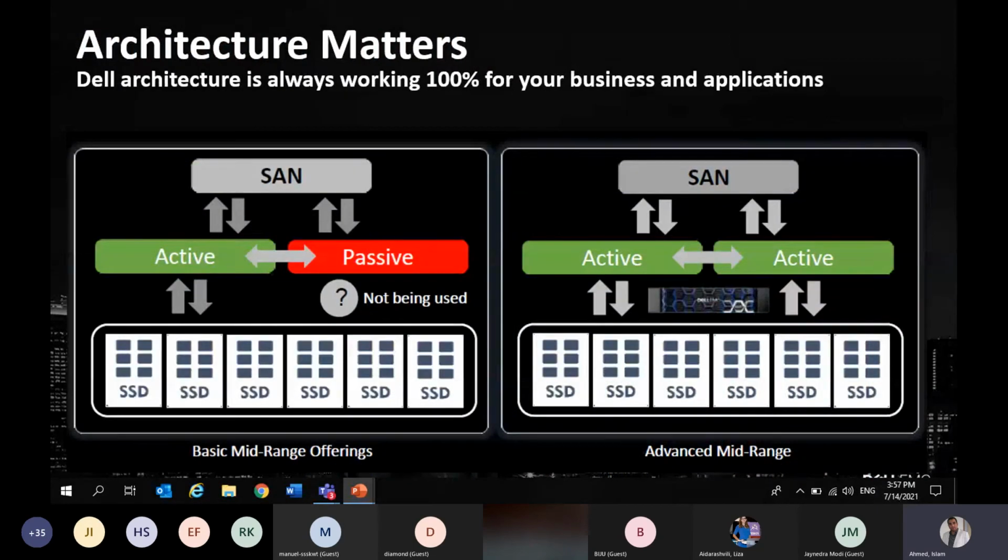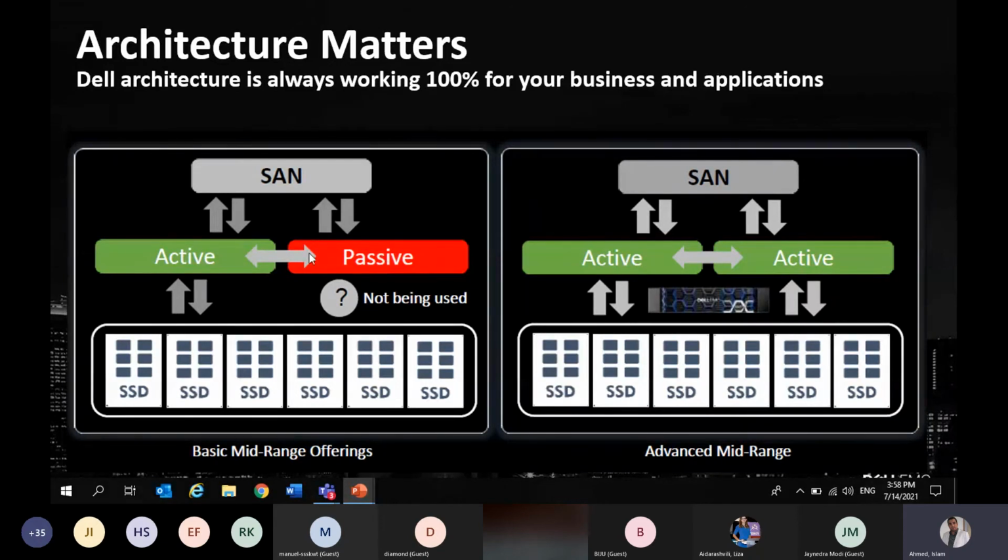Another feature is that you pay for all the resources inside the solution, and this architecture is always working 100% for the business. Why? Because it is an active controller architecture, not active-passive. This is important because it helps you get 100% performance from your device.